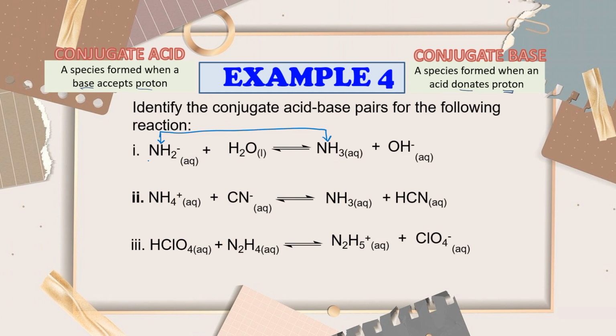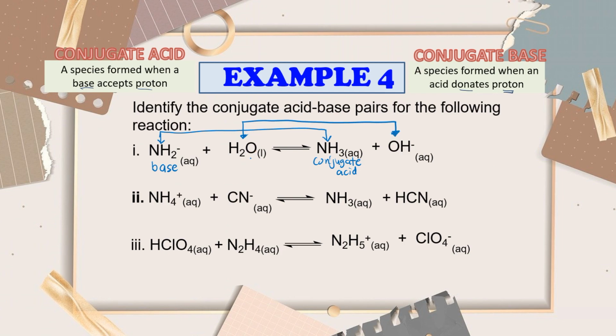So NH2 minus accepts a proton, so this is a base, and the product formed is the conjugate acid. The other pair is H2O with OH minus.